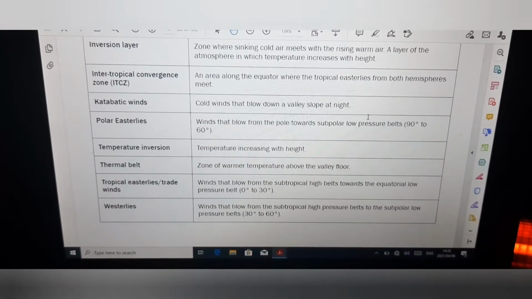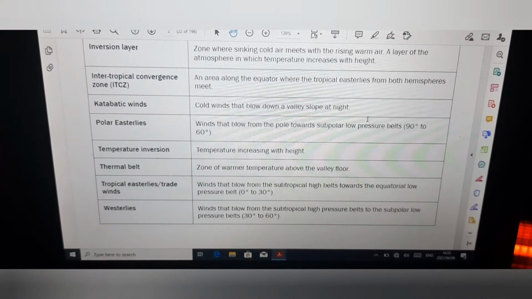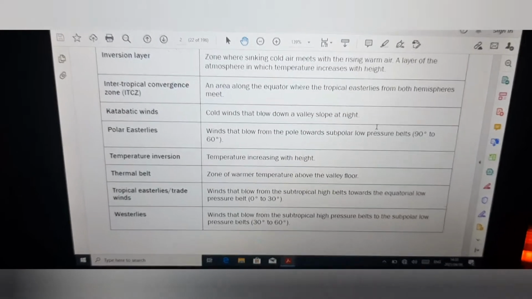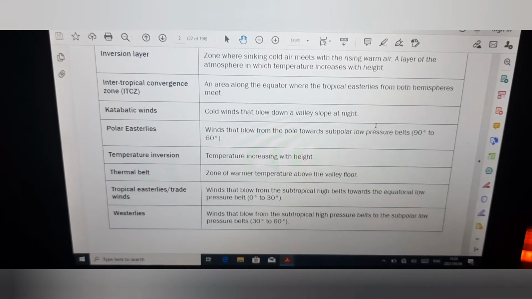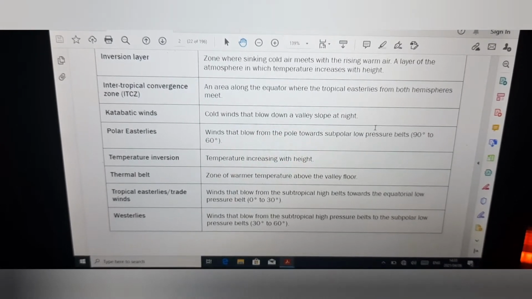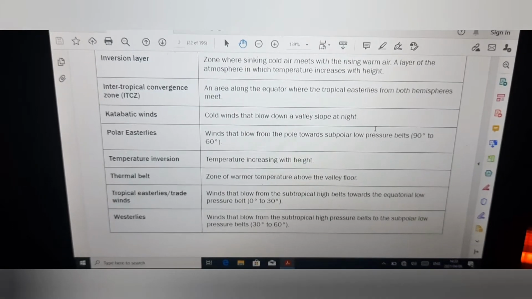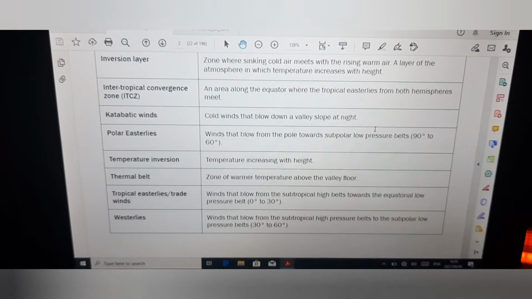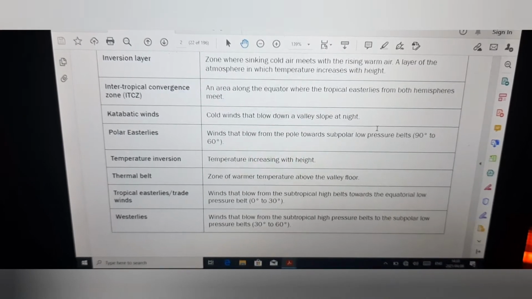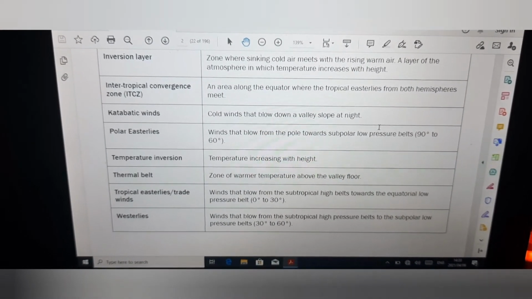Polar easterlies, winds that blow from the pole towards subpolar low pressure belts, 90 degrees to 60 degrees. Temperature inversion, this is the temperature increasing with height. The thermal belt, the zone of warmer temperature above the valley floor. Tropical easterlies or trade winds, winds that blow from the subtropical high pressure belts towards the equatorial low pressure belt.